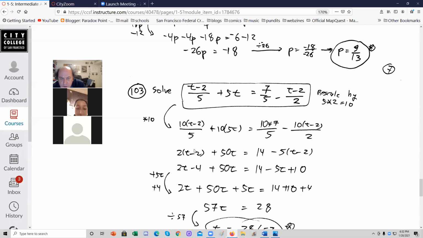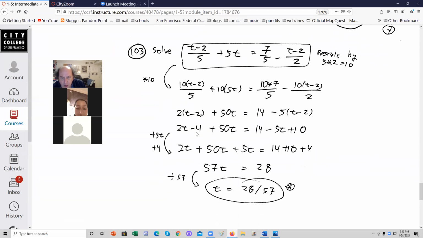Now let's distribute the 2 over here and the 5 over here. So here's 2t minus 4 plus 50t equals 14. And then minus 5 times t is minus 5t. And then minus 5 times negative 2 is positive 10 because negative times negative is plus. Okay, let's move the 4 to the right by adding it to both sides. Let's move the 5t to the left by adding it to both sides.